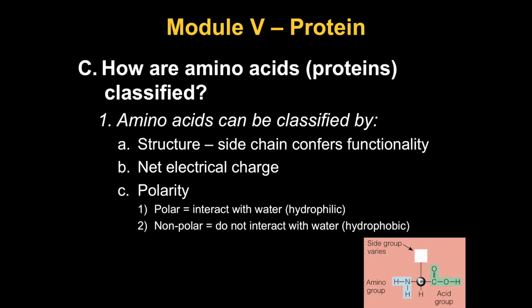So how are amino acids classified? Well, there are several ways to do this. We can classify amino acids by their structure, so simply by that side chain that we talked about earlier, and that's depicted in this picture down here in the bottom right hand corner of your screen. We can also look at the net electrical charge, and we can also look at the polarity, whether or not it's polar or non-polar.